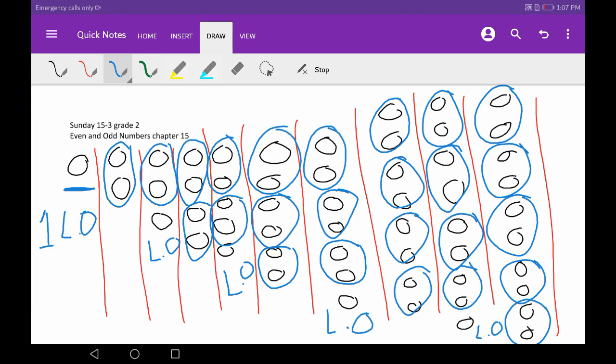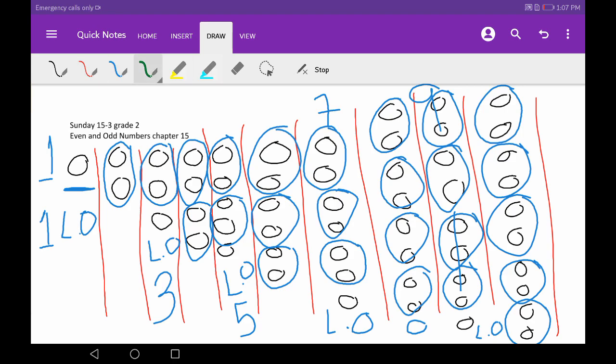Now here we note that in number 1, number 3, number 5, 7, and number 9, all of them, when we divide them into groups of 2, have 1 left over.